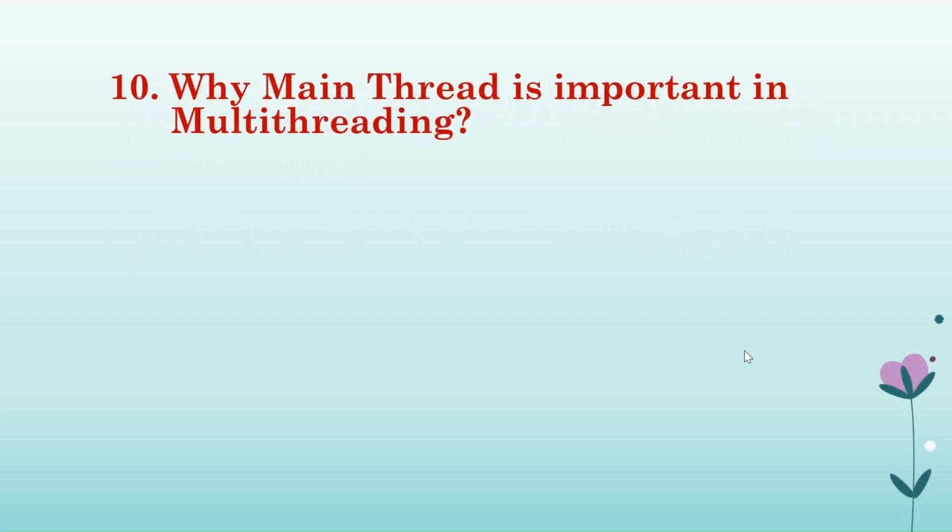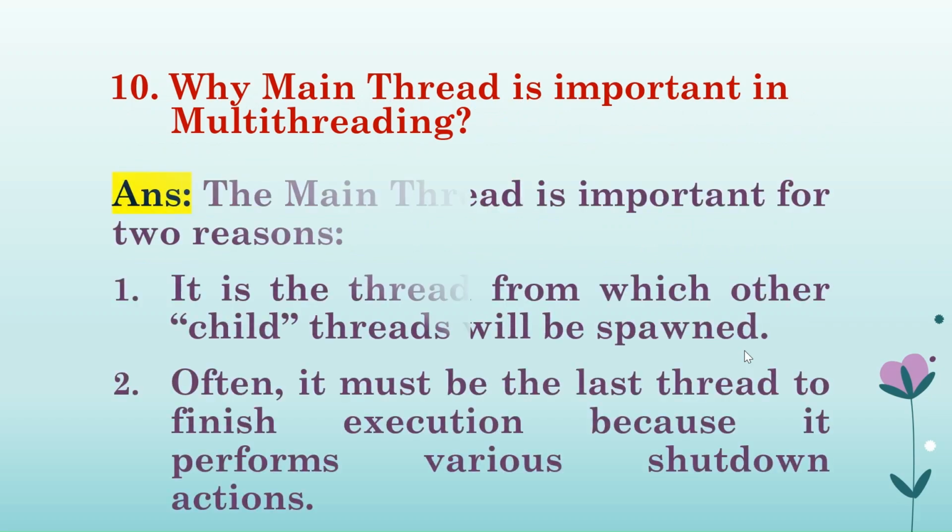Why is the main thread important in multithreading? The main thread is important for two reasons. It is the thread from which other child threads will be spawned, that is, derived or created. Second, often it must be the last thread to finish execution because it performs very few actions.